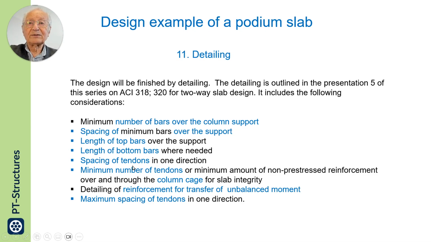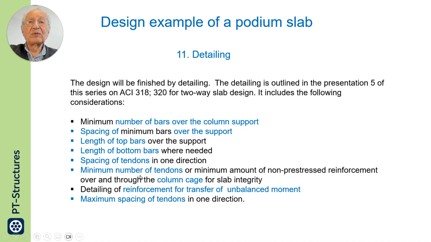I encourage you, when you have a moment, to look at the presentation, which I think is one of the presentations, post-tensioning by intuition, which gives more information regarding the required spacing of the tendons.